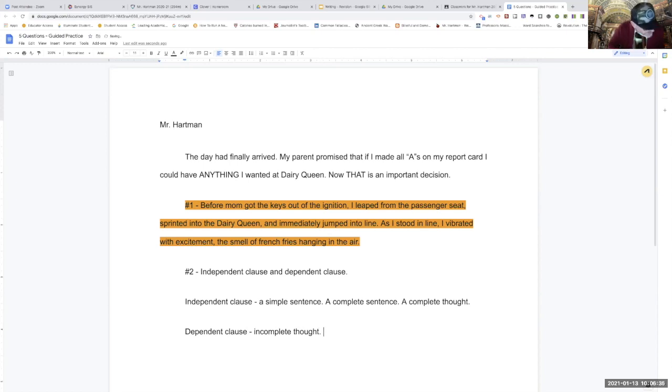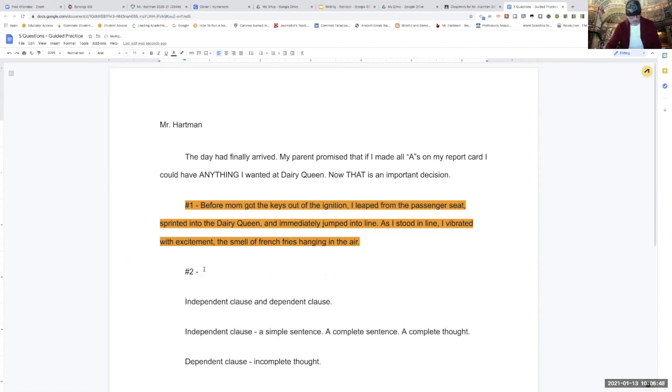So what I mean by this is, if I started this sentence with, after what seemed like 2 seconds, it is an incomplete thought. It has a subject, it has a predicate, but it is an incomplete thought.